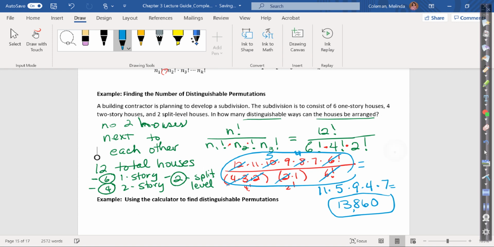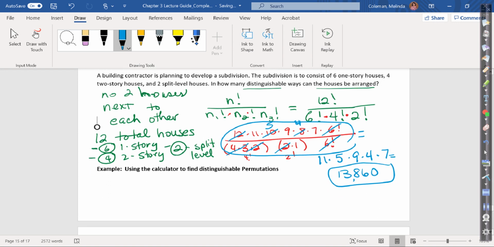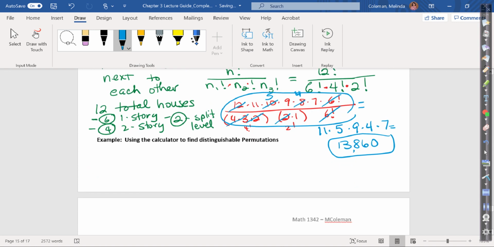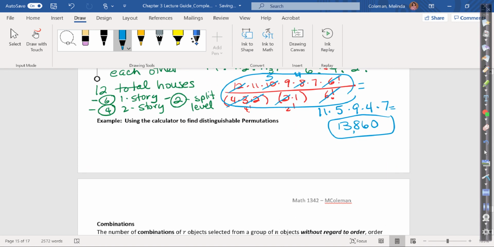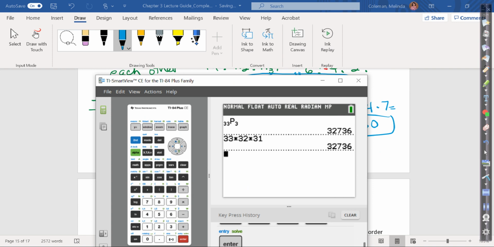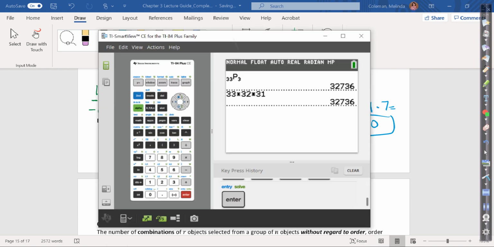You have to be very careful because you do have to use parentheses in this case. So if I'm going to use my calculator, and it's fine to use the calculator, I just have to make sure I'm using it correctly. So I want the whole entire numerator in parentheses and the entire denominator in parentheses.